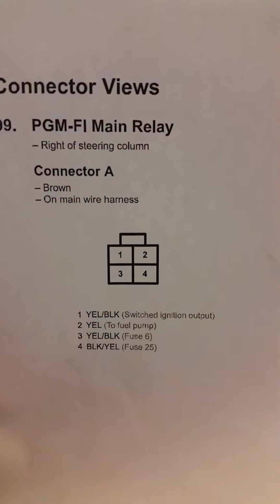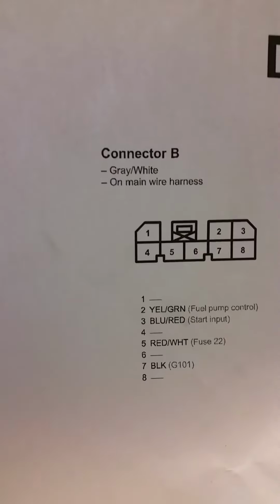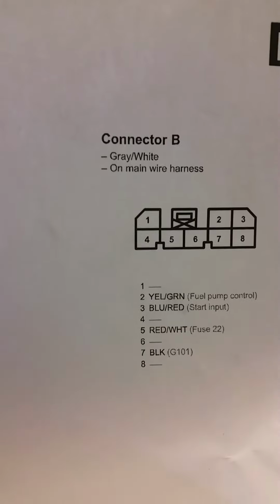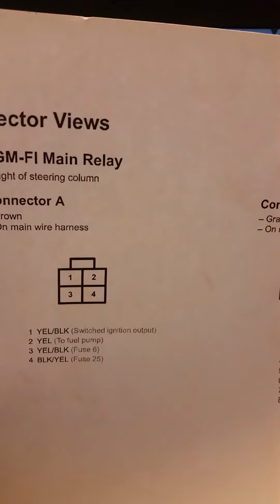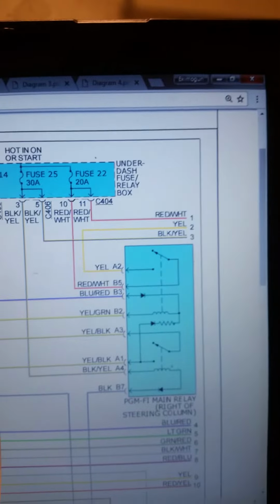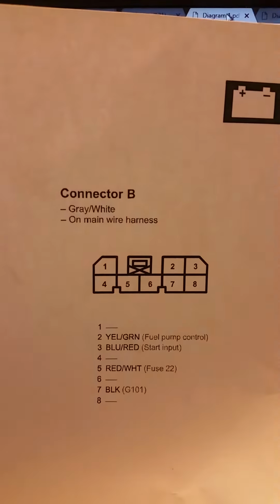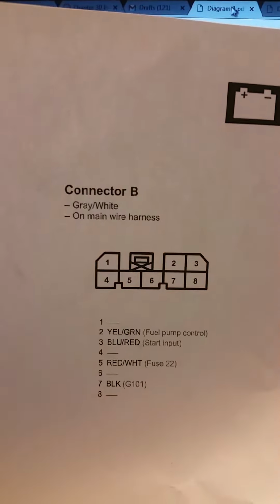We have two connectors, a 4-pin connector A and an 8-pin connector B. The things I'm looking for are A2, which is yellow, to the fuel pump, and then B5, which is from fuse 22.